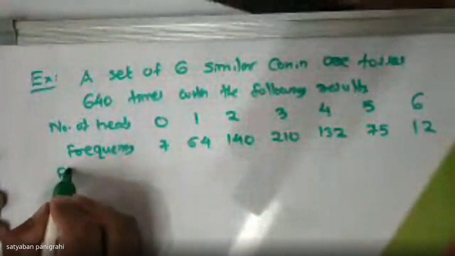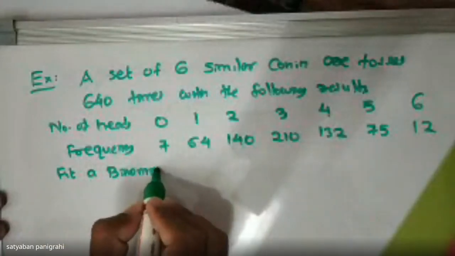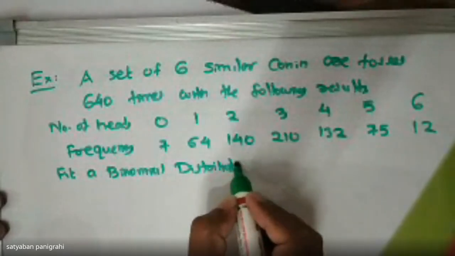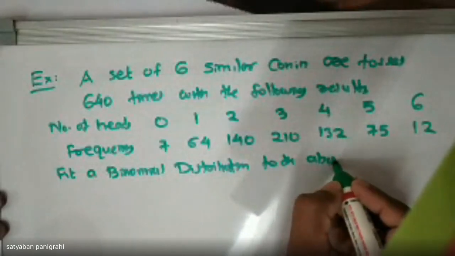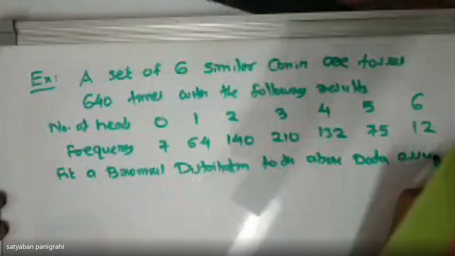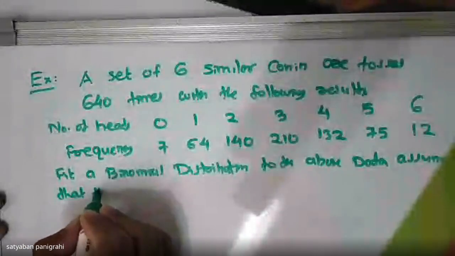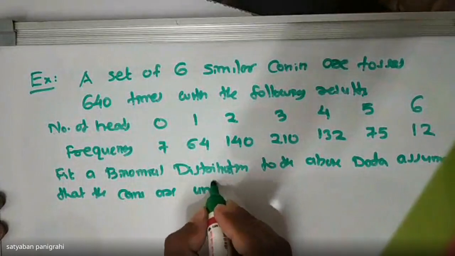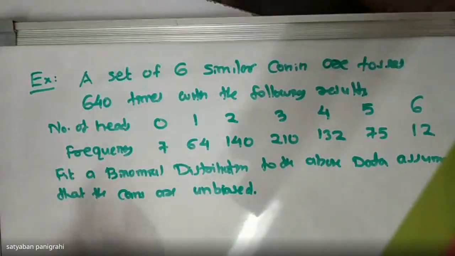The question is: fit a binomial distribution to the above data, assuming that the coins are unbiased. Question clear?